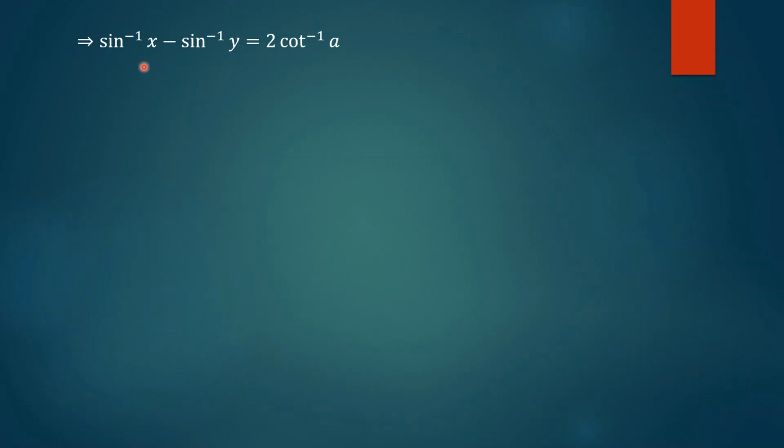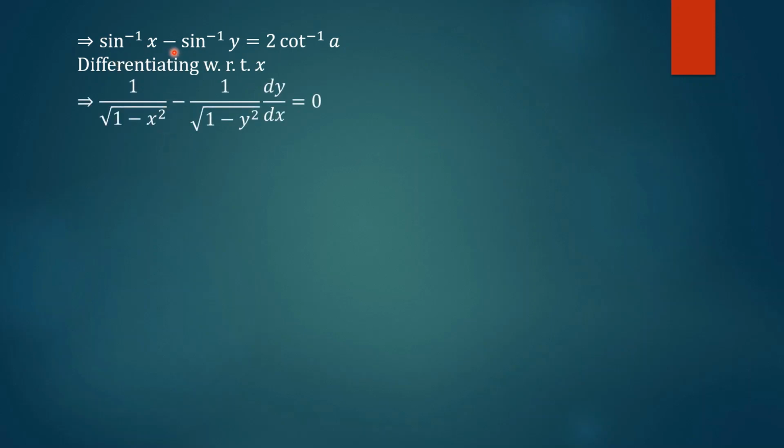So after putting, you see it is sine inverse x minus sine inverse y is equal to 2 cot inverse a. Now differentiate with respect to x. So sine inverse x differentiation is 1 by root over 1 minus x square. Then this minus is there. Sine inverse y derivative is 1 by root over 1 minus y square, and into dy dx, and the right hand side is a constant, therefore the derivative is equal to 0.